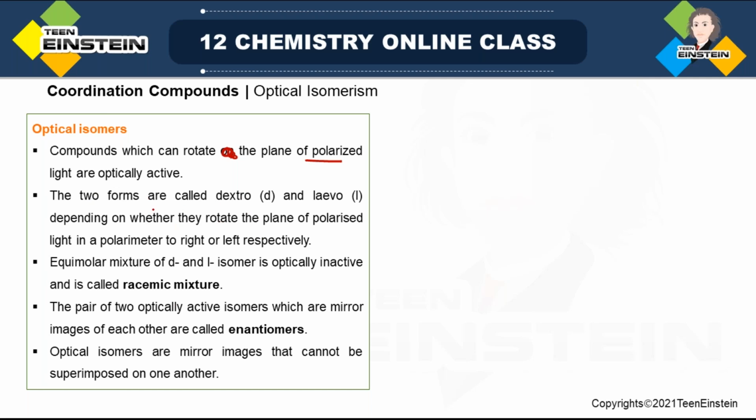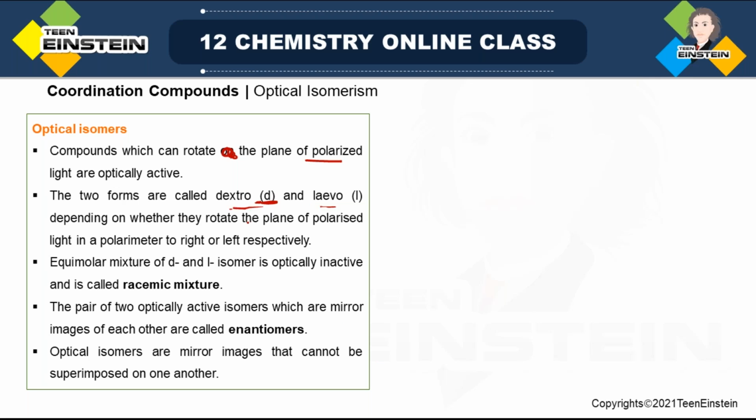Now, the two forms of optical isomer. Isomer means it is always a pair. So one isomer of this pair will be called dextro, in short small d. Do not use capital D, that is a completely different thing. Here, dextro uses small d, or levo, L. So how will we understand which one is dextro?